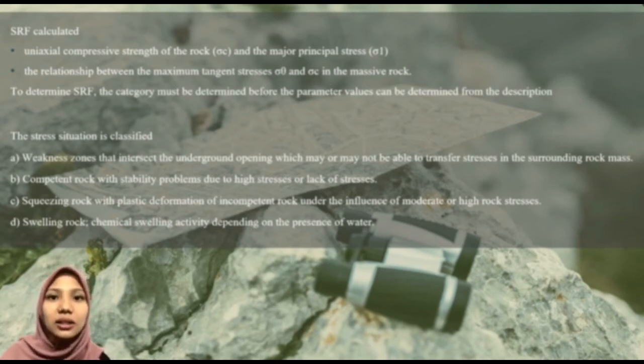C, squeezing rock with plastic deformation of incompetent rock under the influence of moderate or high rock stress. D, swelling rock, chemical swelling activity depending on the presence of water.